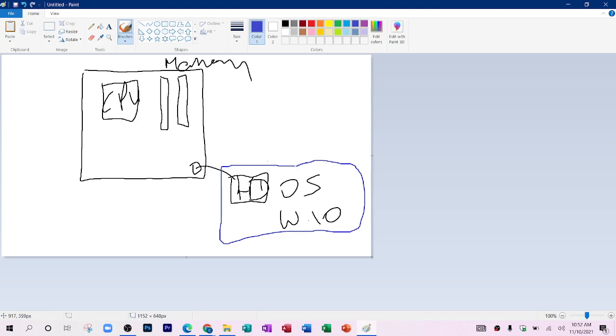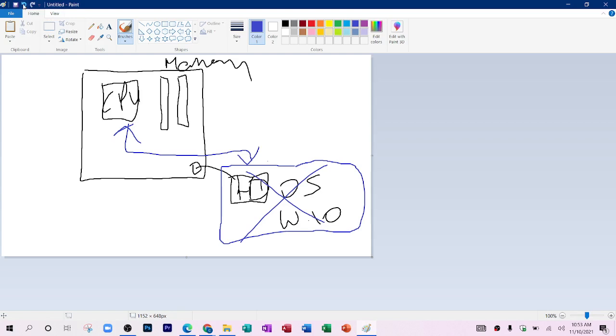Is it going to go directly to the hard drive and get the data? No. I mentioned the CPU does not do that. Why? Because the hard drive is too slow. By the time the CPU does something, it's waiting on the hard drive to send something. So it will never meet the speed of the CPU. It's going to always be waiting.